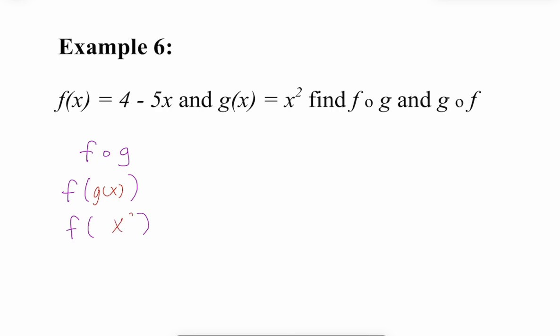Well, that's equal to x squared. And that is going to become our input into the f function. So we know that we're going to take the f of x, where the original input was sitting, and replace it with x squared. So we're going to get 4 minus 5 times the quantity of x squared. And then you can't do much to that, but simplify it where possible. There's not much you can do.